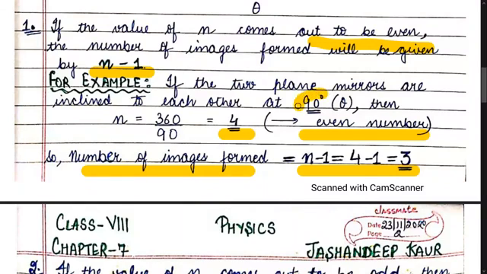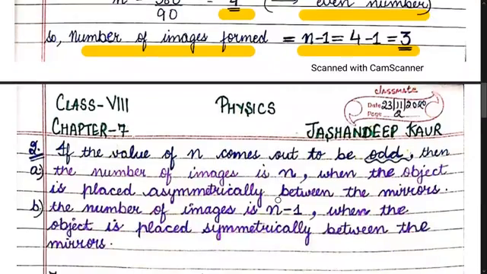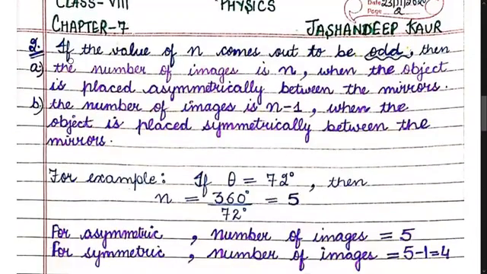Now students, what happens if the value of n comes out to be an odd number? So if the value of n comes out to be an odd number, then we are having two different cases.